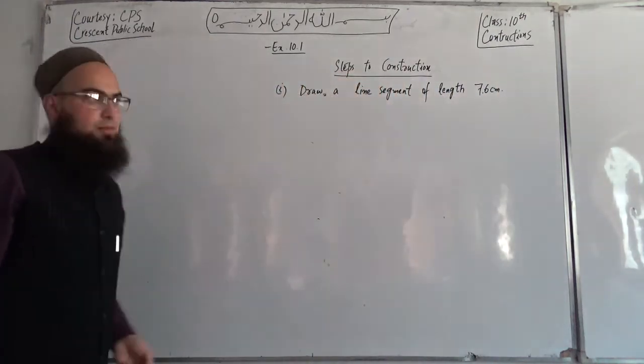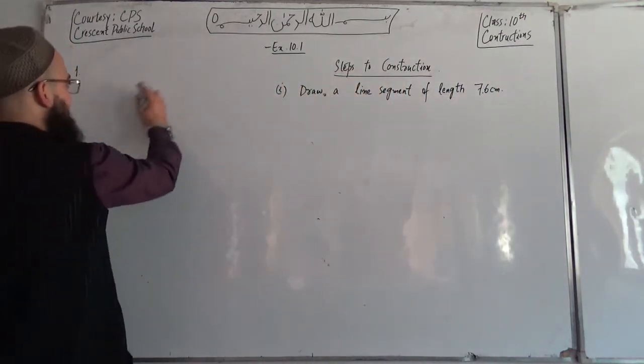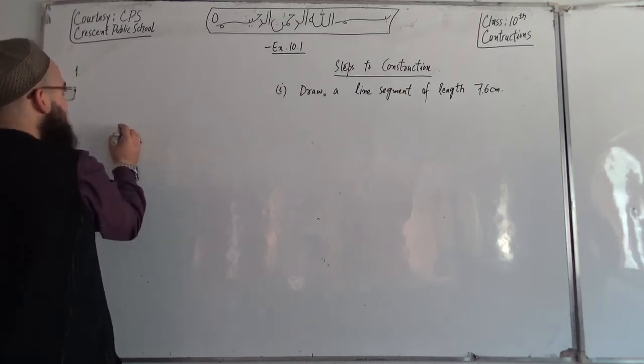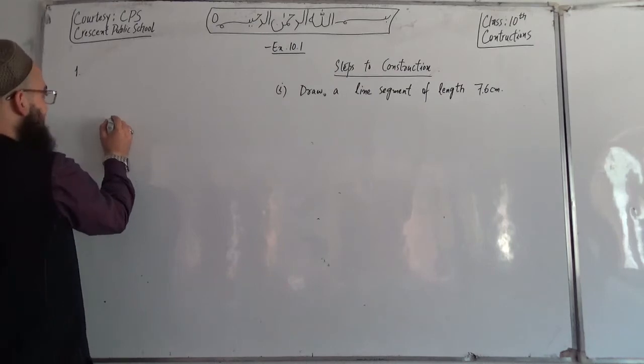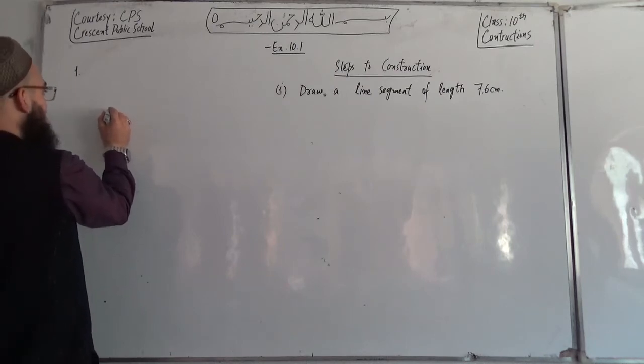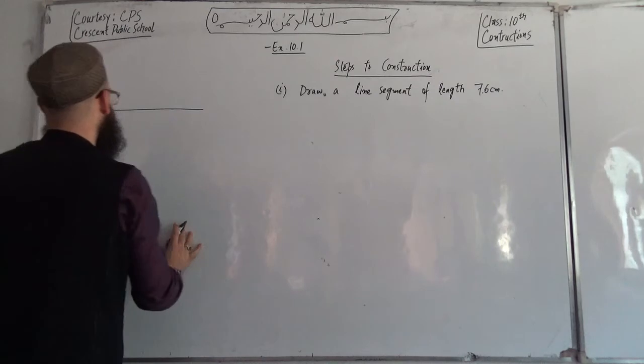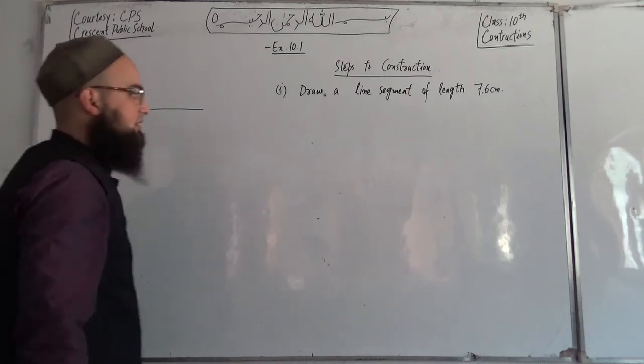Let us draw a line segment of this length. So you go like this. With the help of a ruler, you can draw it easily. Just like this. And let me name this line segment.